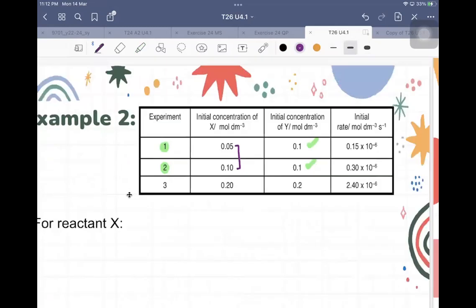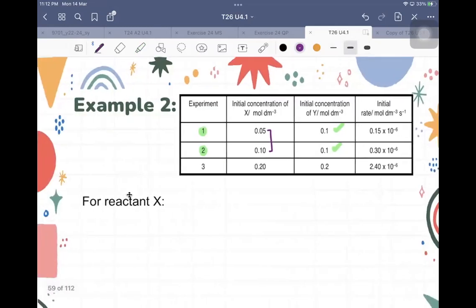So that means there is an increase in concentration by a factor of 2. Concentration goes from 0.05 to 0.10, and that is an increase by 2. Again, if you're wondering how do I know, well, this one you can easily see. If it's not a nice number, you can take the bigger number, divide by the smaller number.